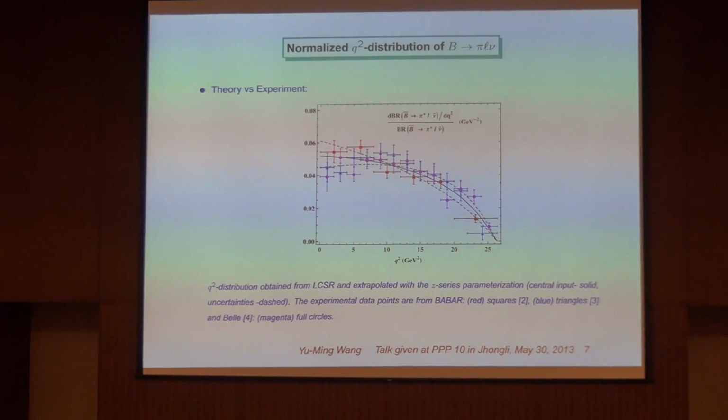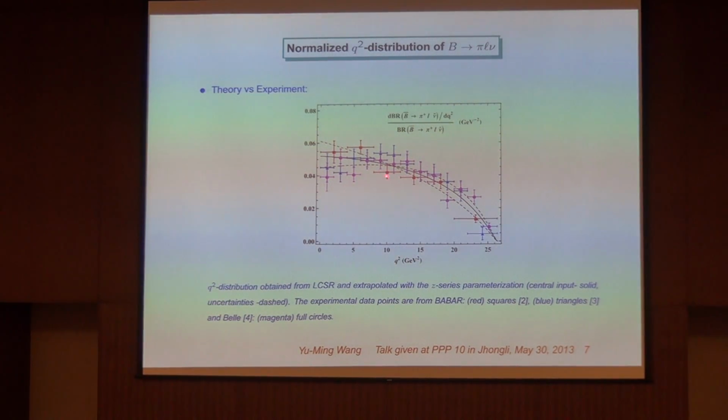Okay, now you may wonder, this plot just shows this comparison between theory and experiment. We consider this normalized q-square distribution, which is actually independent of VUB. So again, this solid curve corresponds to sum rule calculations, and this gray square corresponds to the BaBar analysis.